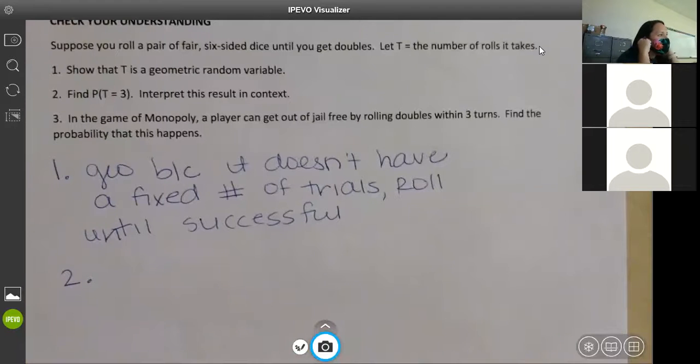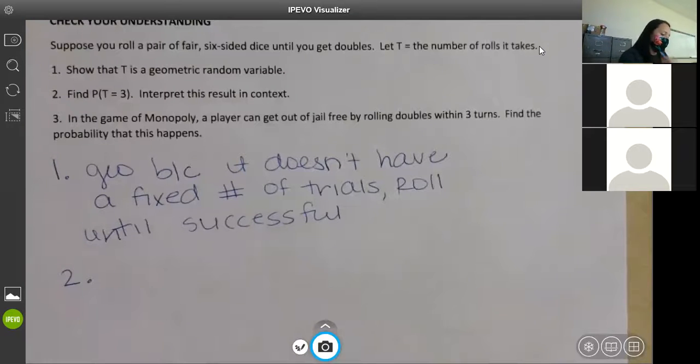What does large counts do? It changes from binomial to what? To normal. So we want to make sure that we can do the large counts and see if we can use normal instead. So that way we don't have to do any of that 1 minus or anything like that.